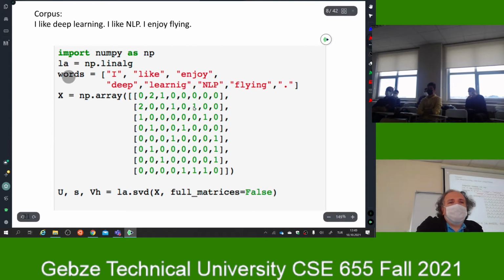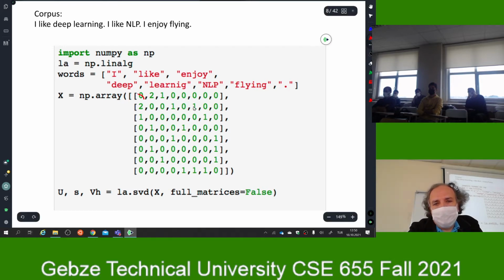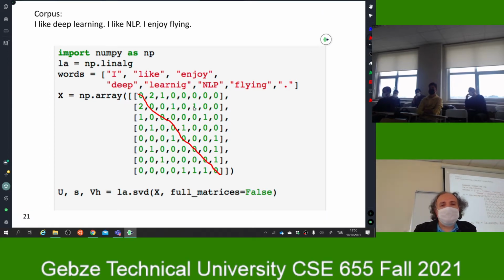So clearly an array, my words, 1, 2, 3, 4, 5, 6, 7, 8, that is a word, okay? So this is a 7 by 7 co-occurrence matrix that I have written manually. So see, this is 0, 0, 0, 0, 0. So around this line, it is a symmetric matrix, okay? So I added this two-dimensional vector.